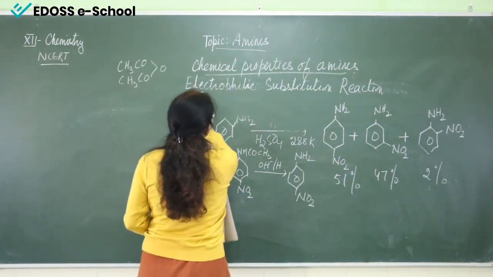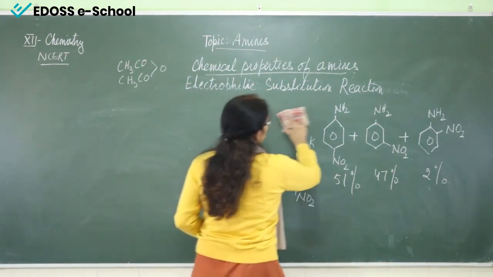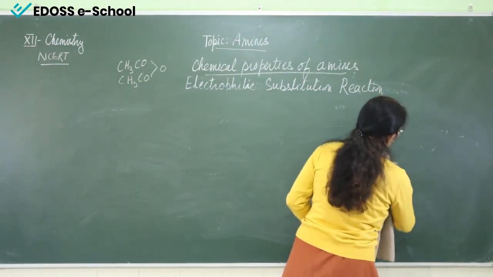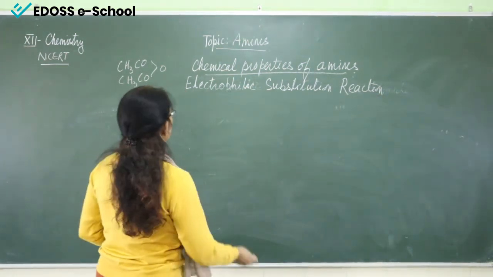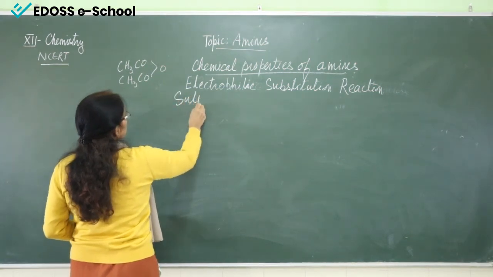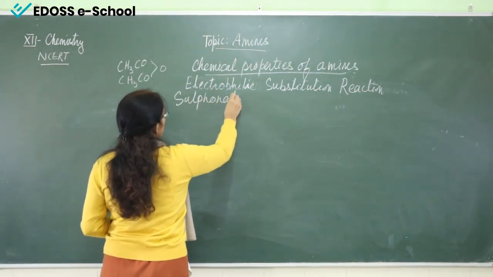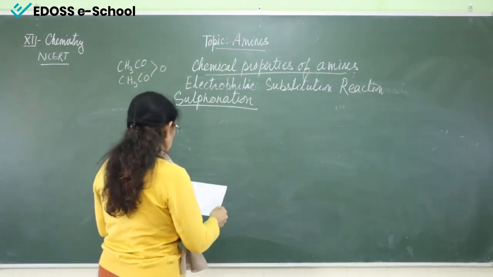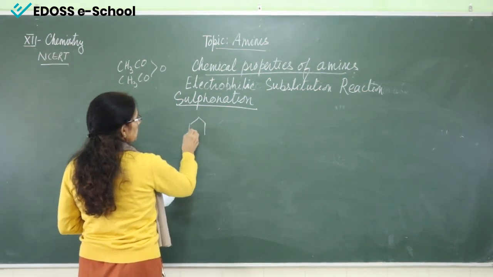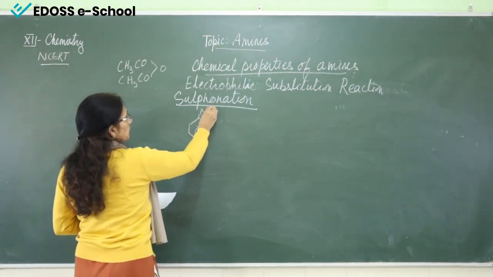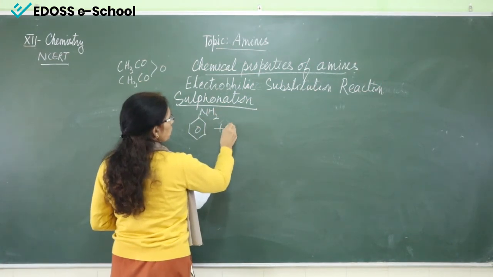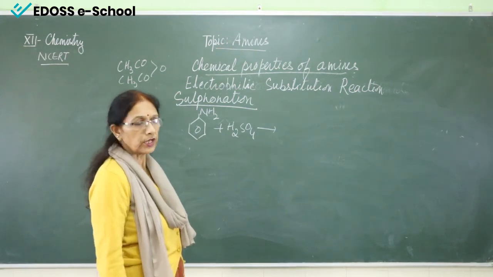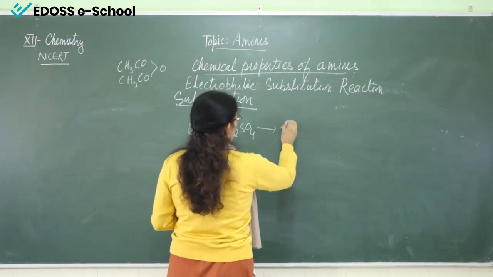And the last is now sulfonation. Now the last property of electrophilic substitution is sulfonation. So there are three properties: bromination, nitration and sulfonation. Now see sulfonation. Sulfonation means aniline reacted with sulfuric acid, H2SO4.